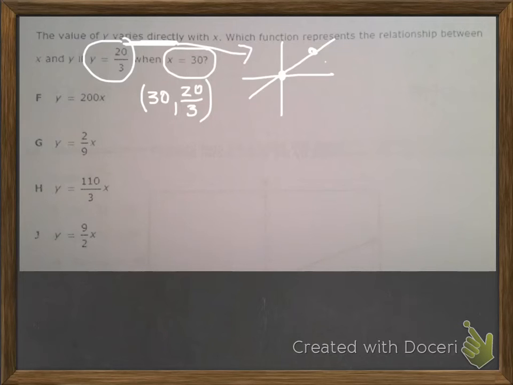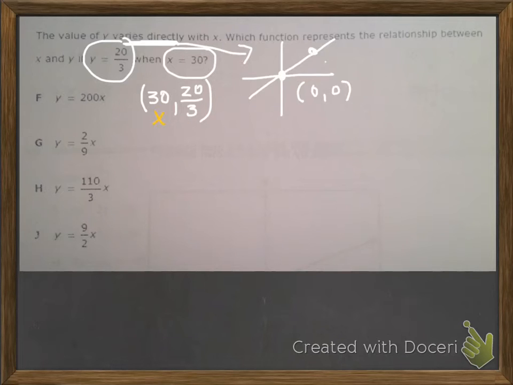So if you look at your answer choices, those are all in slope-intercept form. They have no b because b is the y-intercept, which is the origin, so it's plus 0. So basically, if we can find the slope, then we know what equation it is. The other point we're going to use for our slope is the origin, 0, 0. So we'll just use those 2 points.